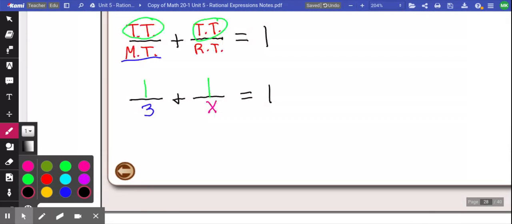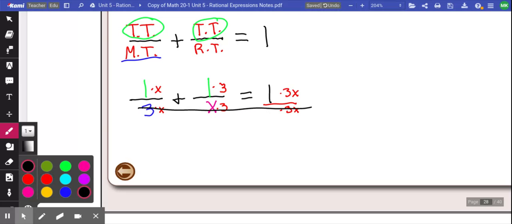So it's 1 over 3 plus 1 over X equals 1. To solve this, you need to get a common denominator. Common denominator means this needs to be multiplied by X, this by 3, this by 3X. The denominators all go away. And I have X plus 3 equals 3X.